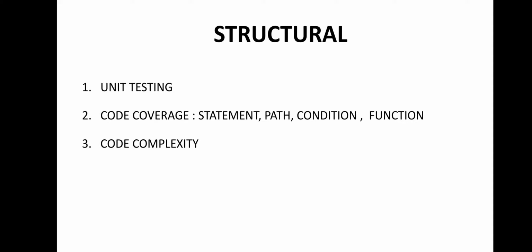When we talk about cyclomatic complexity, our program is represented in the form of a flow graph. You know about flow graphs. A flow graph is basically a combination of nodes and edges. In your previous classes, in many subjects, you have gone through flow charts.